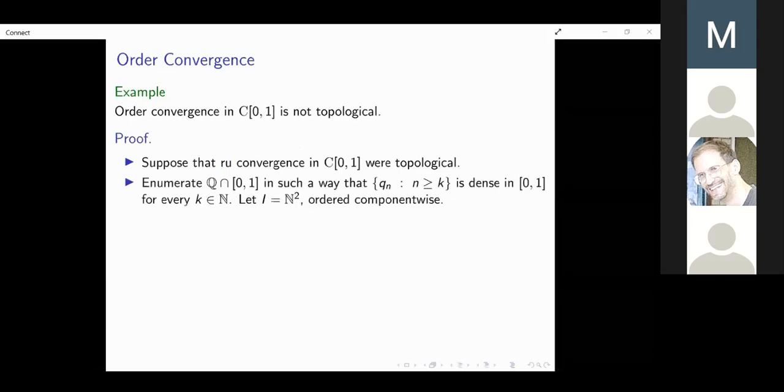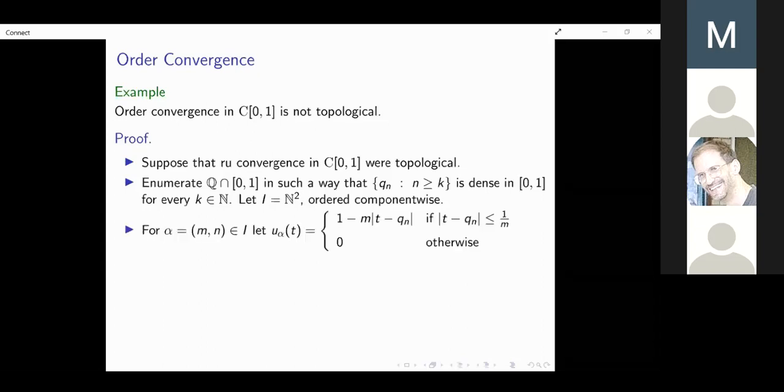We're going to create a net and derive a contradiction from this. We enumerate the rational numbers in the unit interval in such a way that every cofinite set is dense in [0,1], and we let our index set be N squared, so pairs of natural numbers.